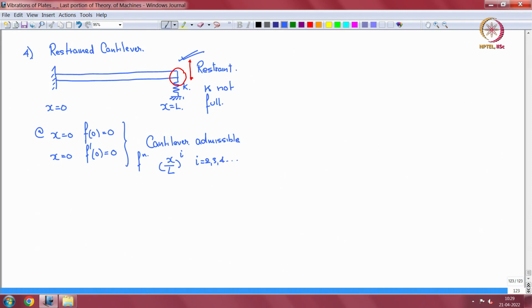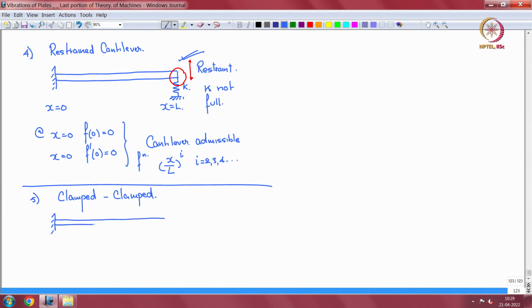Okay, and let's see next, number 5. Suppose the beam was clamped on both ends. This is one wall, where the beam is clamped into it, and this is the other wall, where the beam is again built in or clamped.